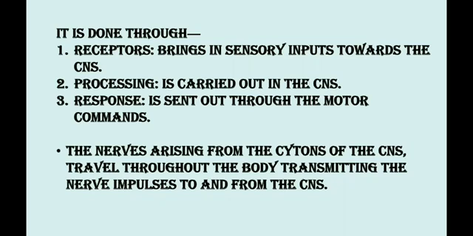In the central nervous system, that is either your brain or your spinal cord, processing takes place and then it is converted into a motor nerve impulse and the response travels back from the central nervous system to your hand, that is your muscles, that is the motor command, because of which we remove our hand from that hot pan. The nerves arising from the cyton of the central nervous system travel throughout the body, transmitting the nerve impulse to and from the central nervous system.